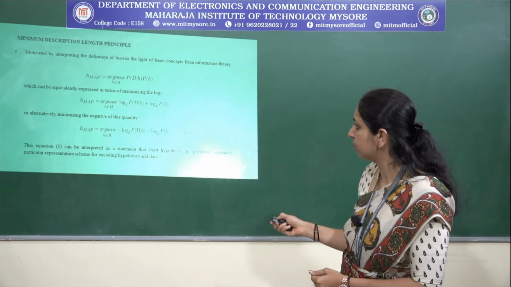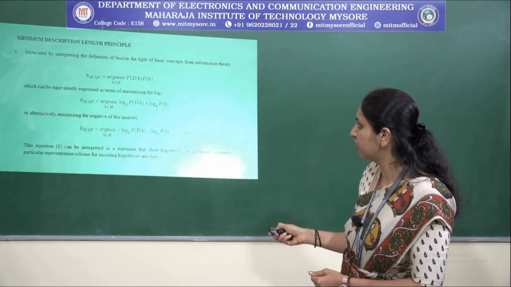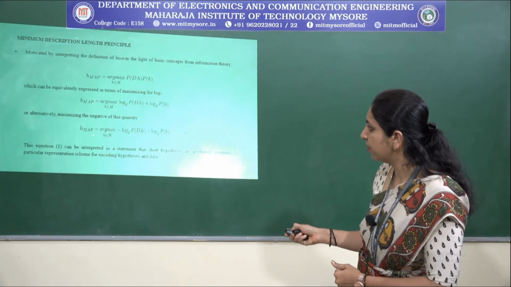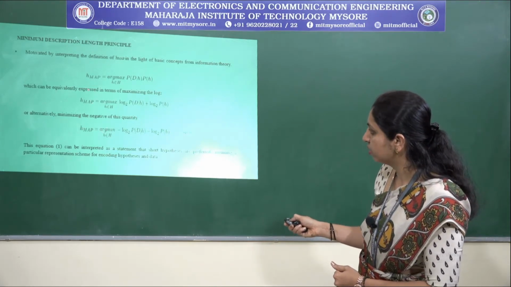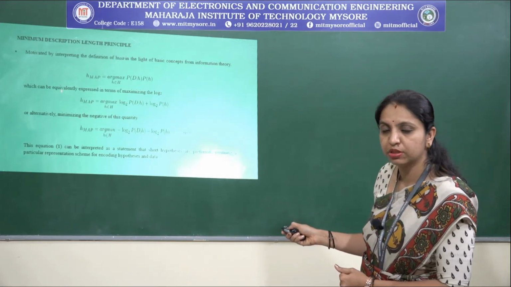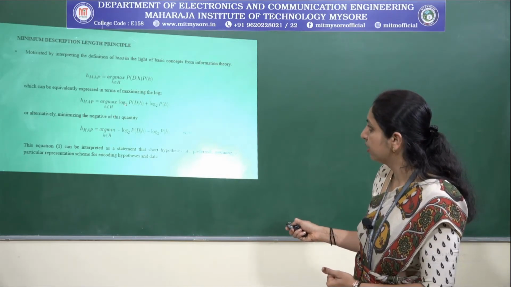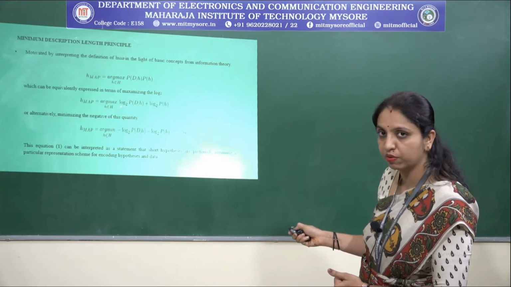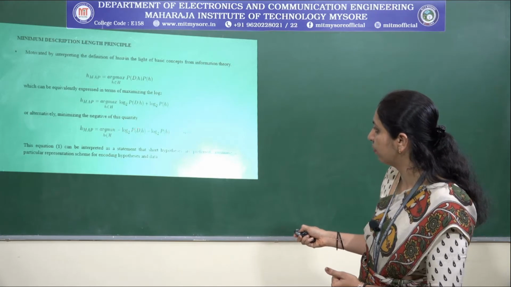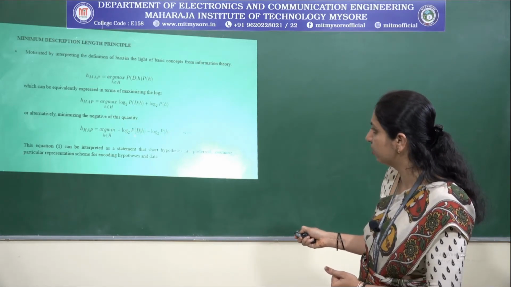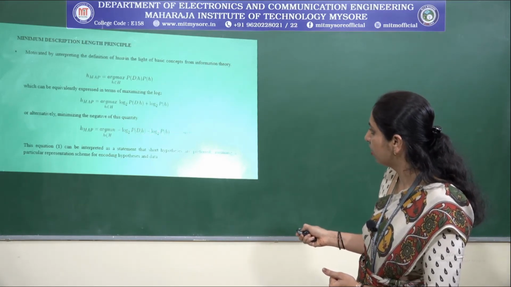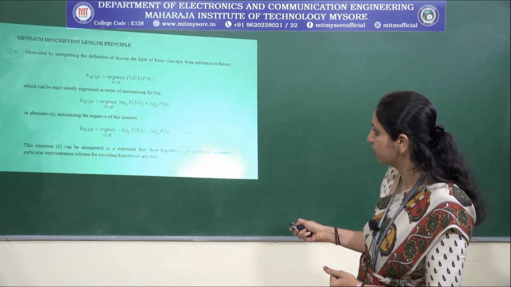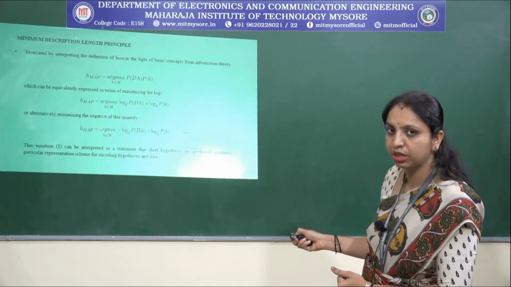So the same equation can be rewritten in another form, minimizing the negative of this quantity: Hmap is equal to argmax. On the left hand side you find the same most probable hypothesis, but the same equation can be expressed by considering the negative of the log function, which is minus log of probability of D given H base 2, similarly minus log of probability of H base 2. But instead of having the maximum value, here we are going to have the minimum value.